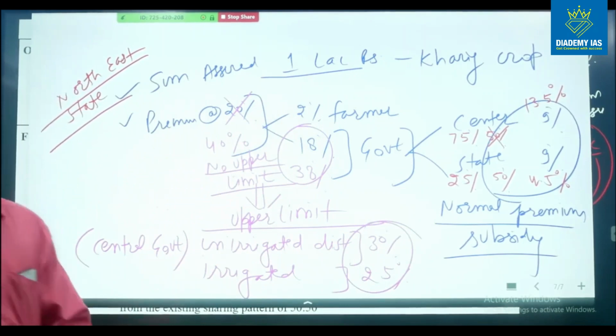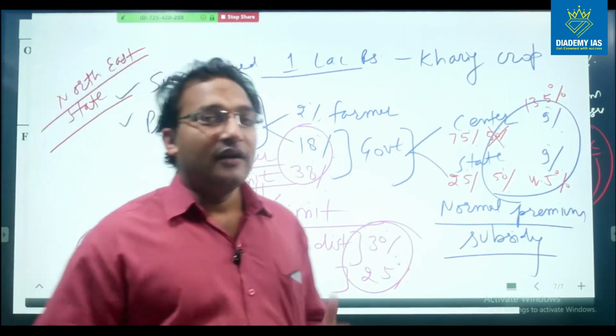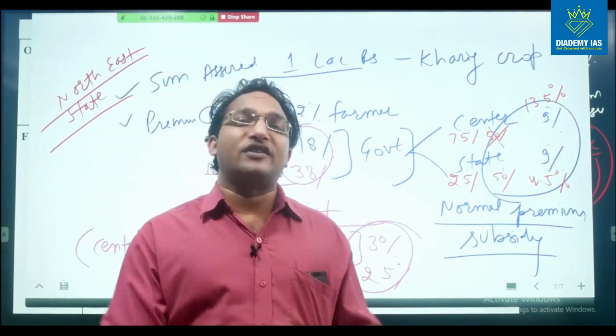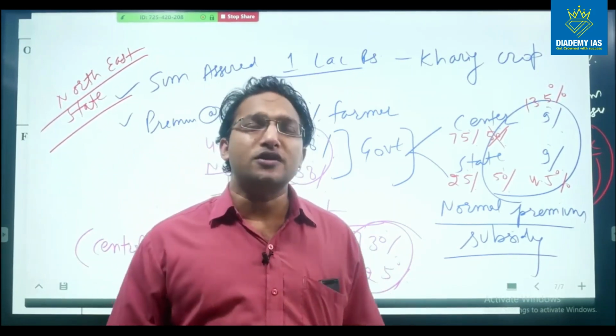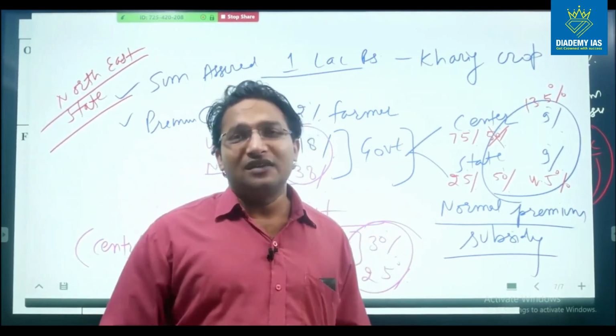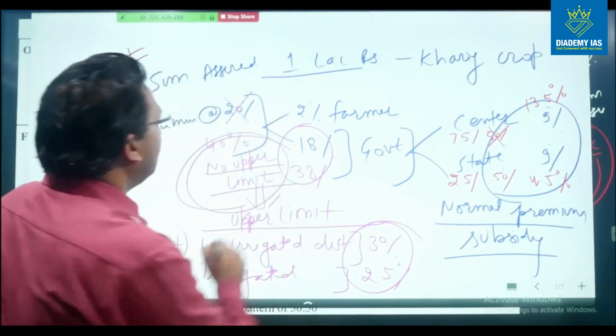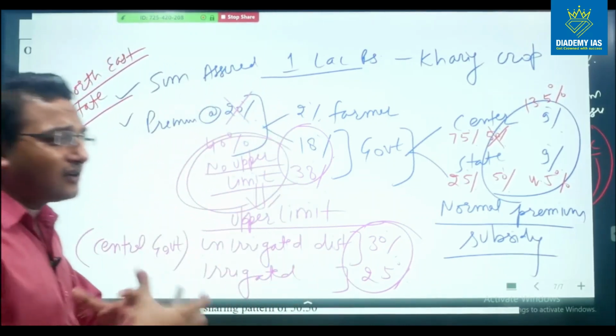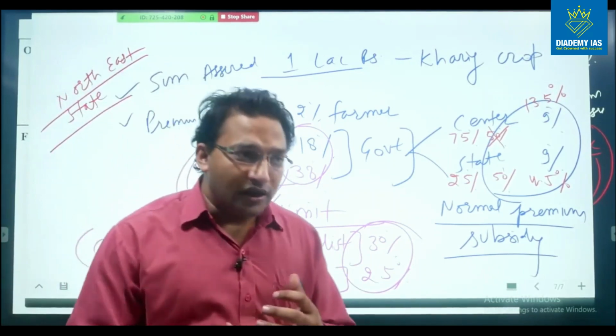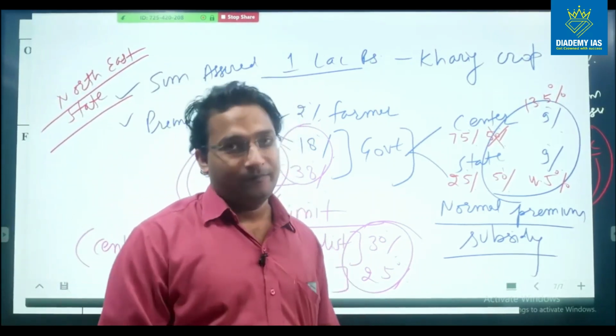Now why this upper limit has been fixed, that is the question. Why has the central government fixed this upper limit? It was fixed because after this Pradhan Mantri Fasal Bima Yojana, when there was no upper limit, farmers started cultivating such crops which were highly risky.